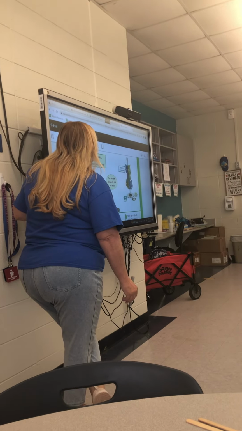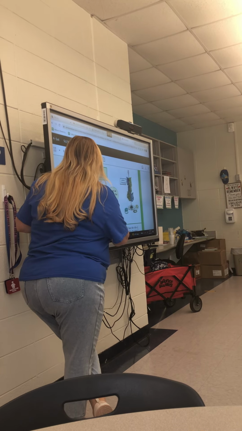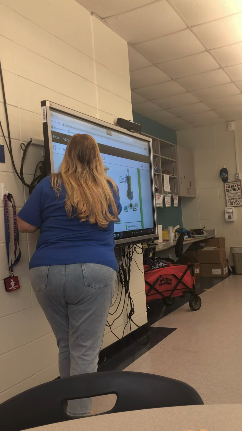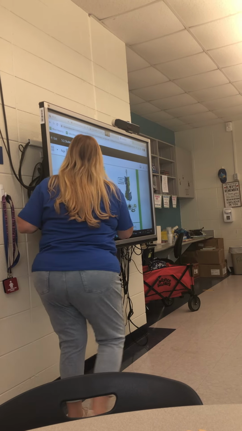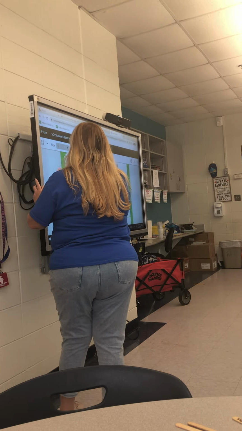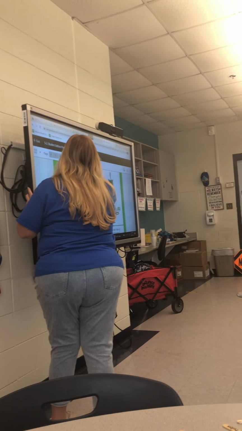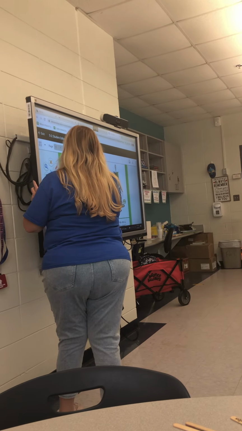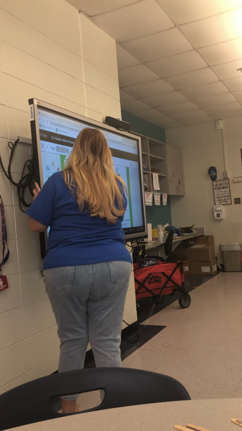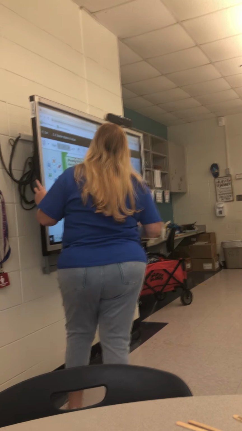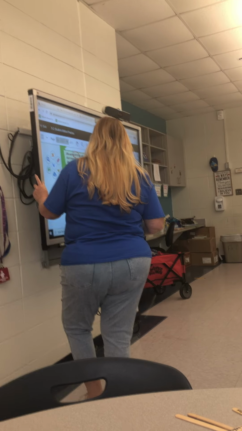You can use division to find the price. You know the total amount earned. How much did she earn? 159. And that could round up to 160. And you can use division to find the price.